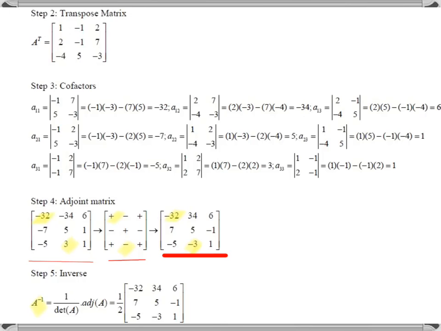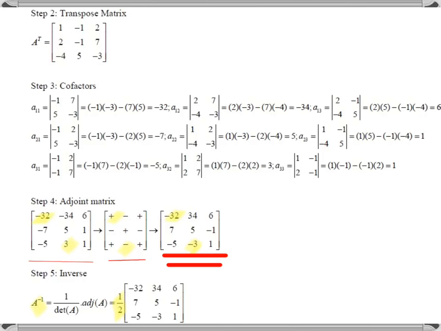We got the determinant in step 1, which was 2. So 1 over the determinant is 1 over 2, which is a half. So there's 1 over the determinant, multiplied by the adjoint matrix, which is what we just worked out in the last step, which is this here. That's the adjoint matrix. And if you do that, you've now got the inverse matrix of A.